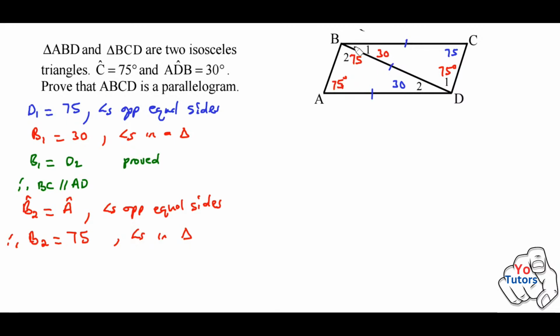Now when we have that, we are going to check here. When you look at this, we can see that B is equal to D, and also A is equal to C. So here we see that B is equal to D, and also that A is equal to C. We have proved it.